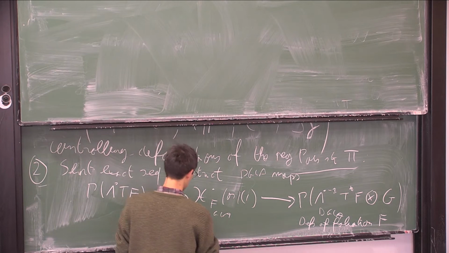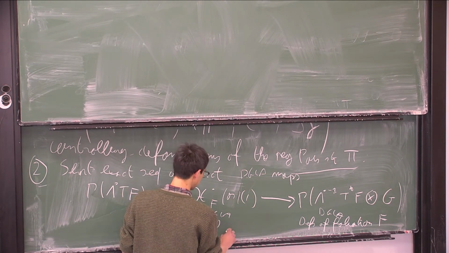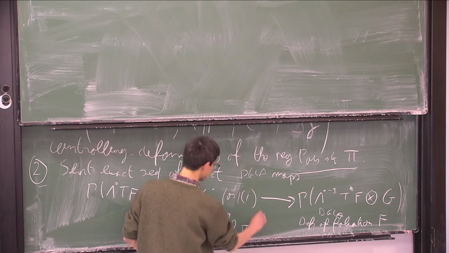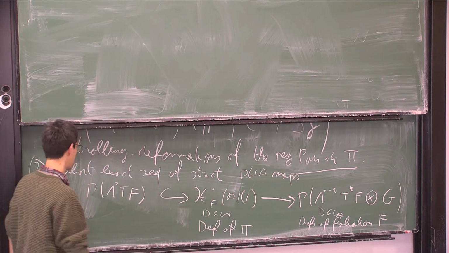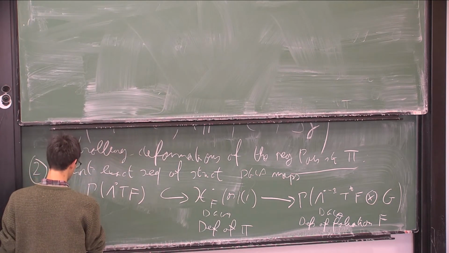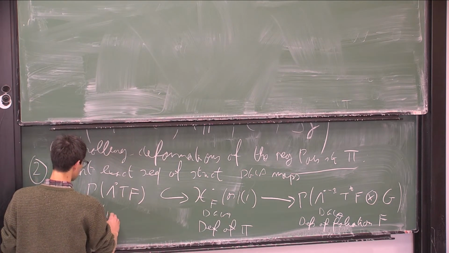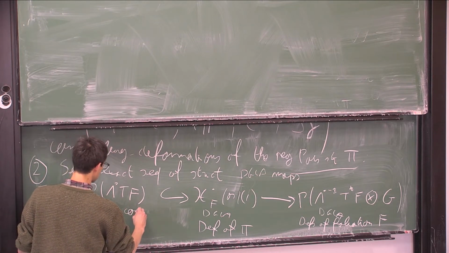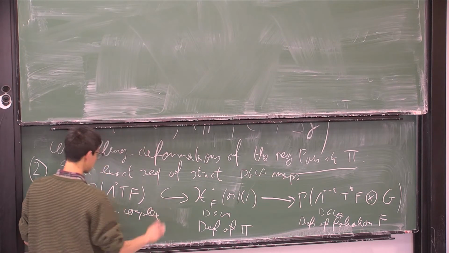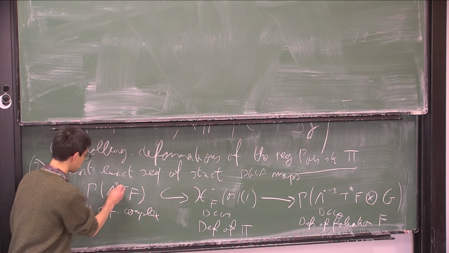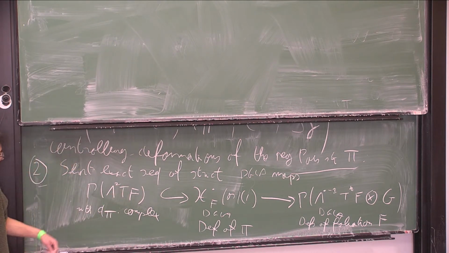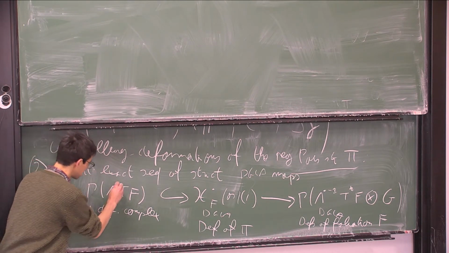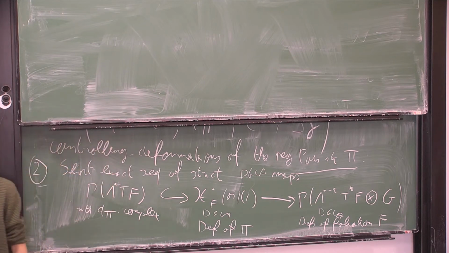And as we saw, this governs the deformations of pi as a regular Poisson structure, and this is just a complex, with the Poisson differential. Using the leafwise symplectic form, this is isomorphic to the foliated differential forms with the de Rham differential.